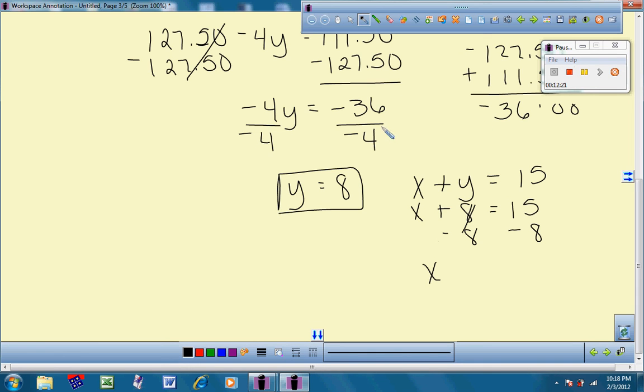I'm just realizing, guys, I've made an error up here. Negative 36 minus negative 4 is not 8, it's 9. Alright, so let's just go back. I'm going to go ahead and fix that. I apologize. Negative 4 times a positive 8 is negative 32. However, negative 36 divided by negative 4 is a positive 9.